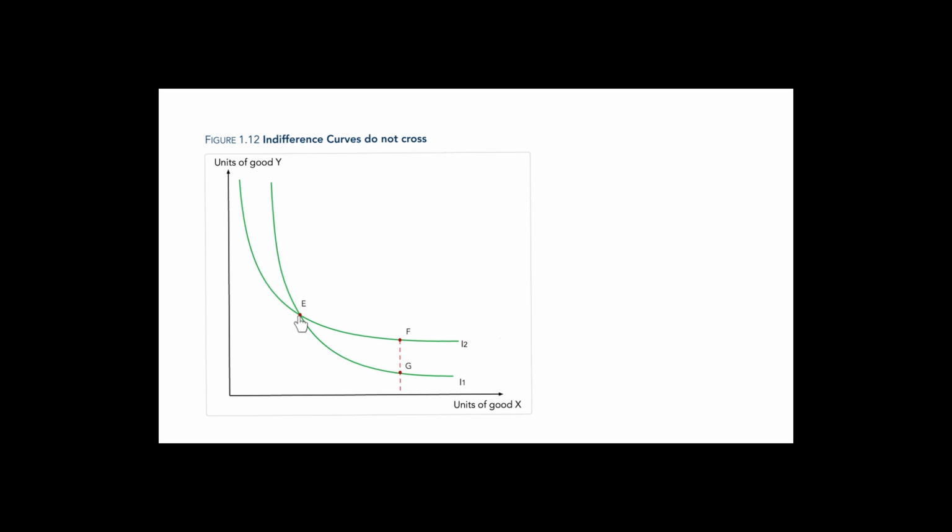Also, it's difficult to understand: F is more superior than G, so that means this should give you higher utility. But over here, the same IC2 is more inferior than IC1, so it suggests it should have lower utility. So in short, two indifference curves can never intersect each other.